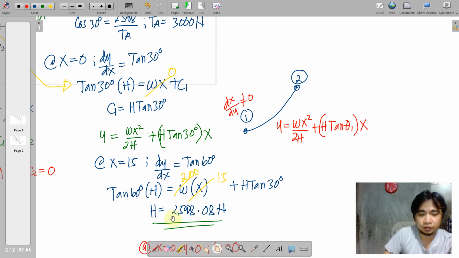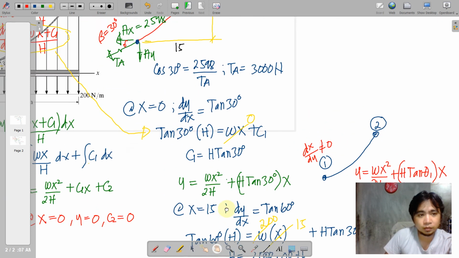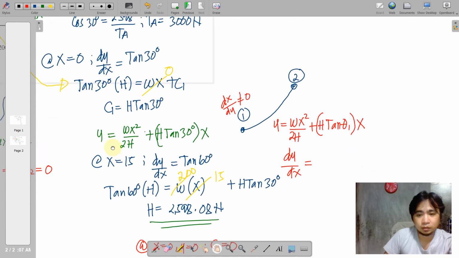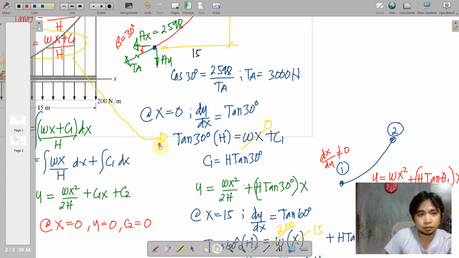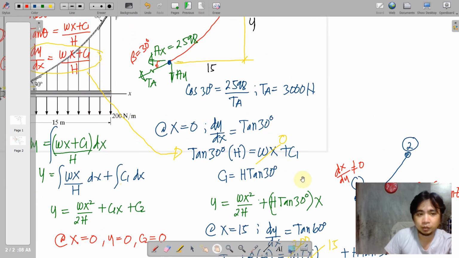So we have dy over dx is equal to, or we multiply this by h, is equal to wx plus c1.